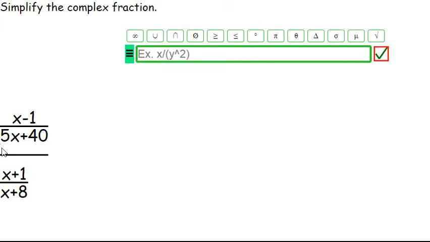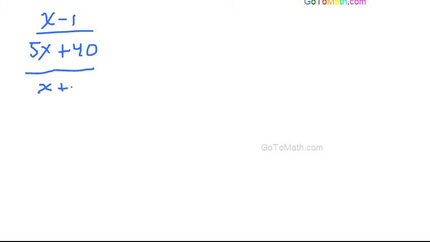Alright, you know, we can factor a 5 out of there. I see that. We'll get to that here in a minute. So we have x minus 1 over 5x plus 40, and that's all over x plus 1 over x plus 8.